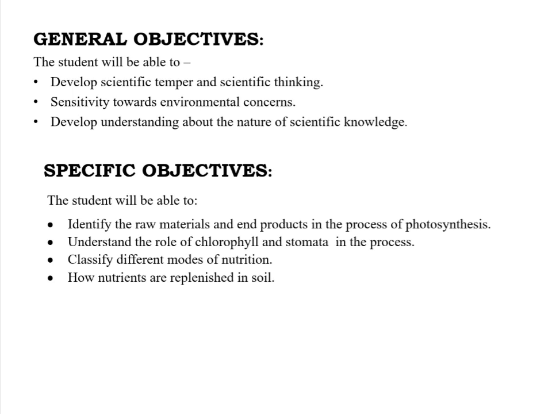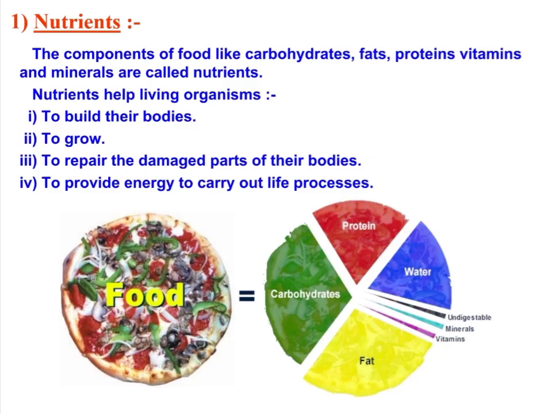Specific objectives: the student will be able to identify the raw materials and end products in the process of photosynthesis, understand the role of chlorophyll and stomata in this process, classify different modes of nutrition, and how nutrients are replenished in soil. Okay, let's move further.